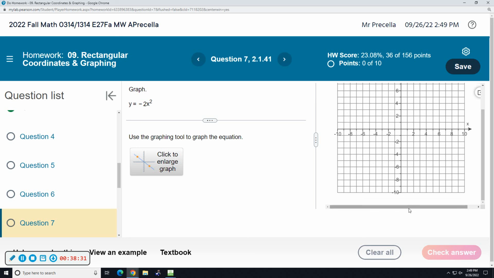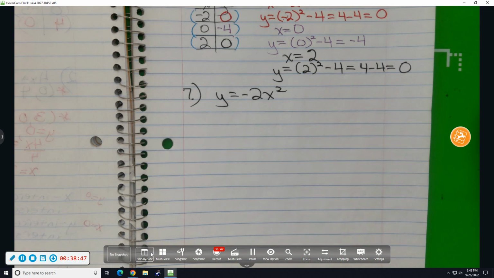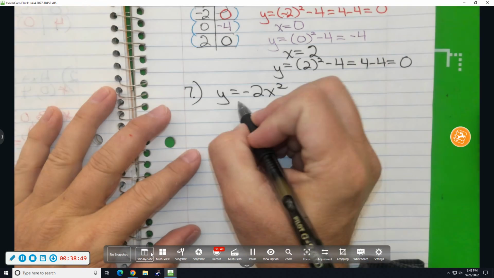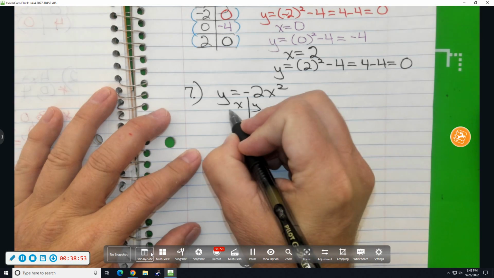So my advice to you, choose numbers real close to 0 so that you don't wind up with points that are going off the grid. Okay? And let's see, how about some numbers that are real easy to plug in, nothing too big, but we need 3 of them.